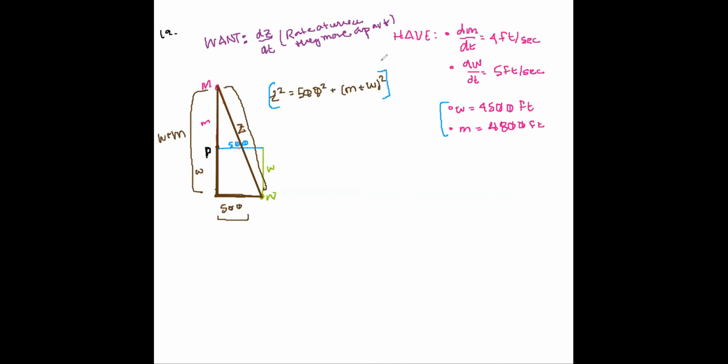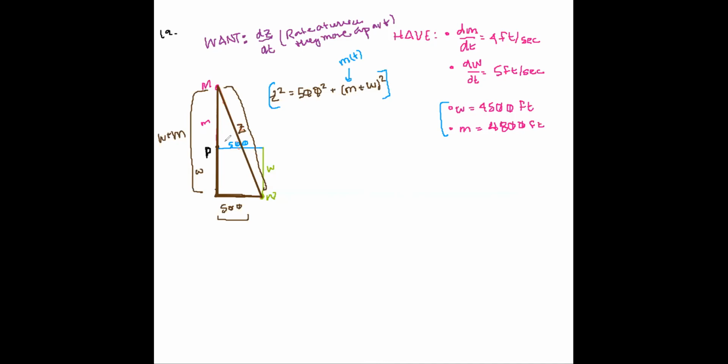Whether or not I know this to be right, I would have put that in to begin with. Well, we have 500, and that's a constant. That's not going to change. Oh, because m and w are functions of t.